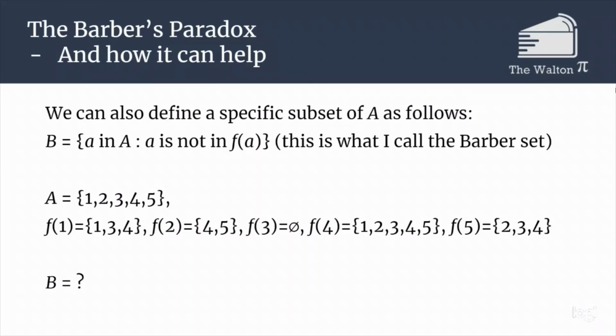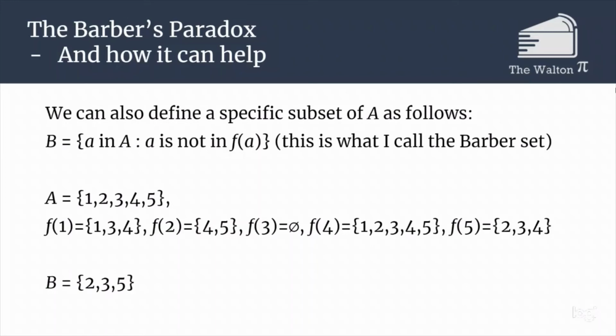So that means that 1 is not going to be in B. However, 2 is not in the set containing 4 and 5, which is f of 2, so that tells us that 2 is in the Barber set. Same thing for 3. 3 is not in the empty set, so 3 is going to be an element of B. But 4 is not going to be an element of B, but 5 is going to be an element of B. So we know that B is going to be the set 2, 3, and 5.